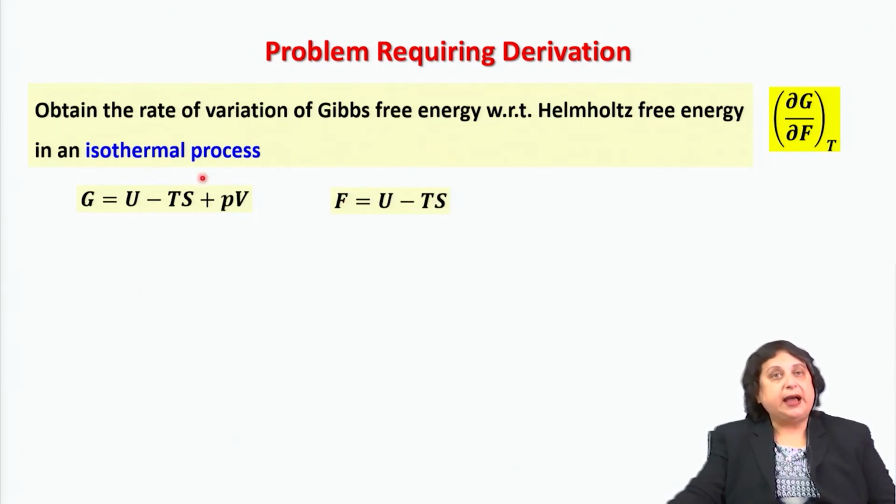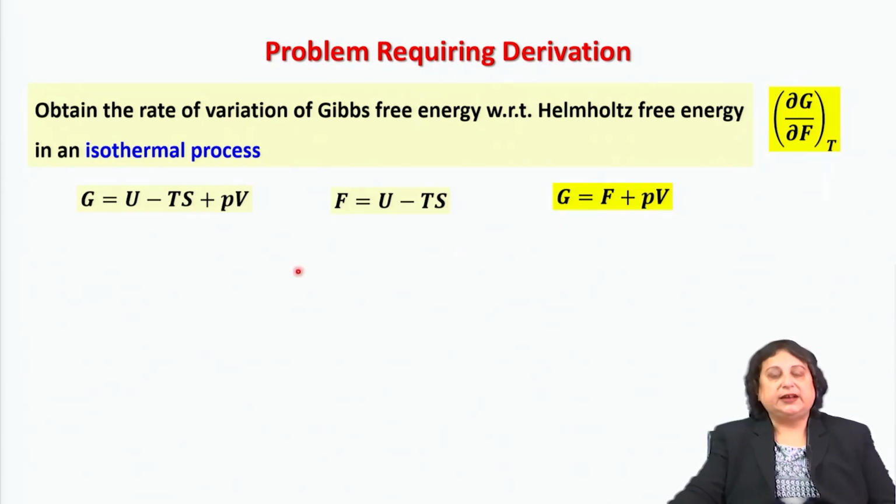If I put this back in this expression, what do I get? I get that the Gibbs free energy is equal to Helmholtz free energy plus PV. That basically tells me that this equation should be the starting point for me to evaluate this partial derivative.